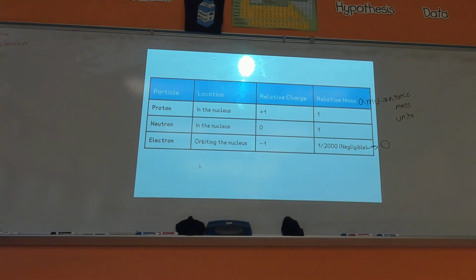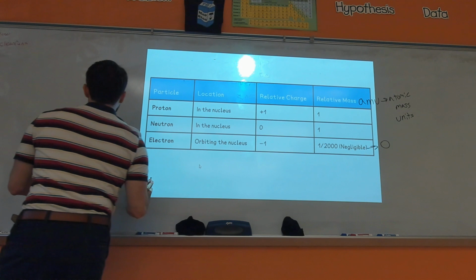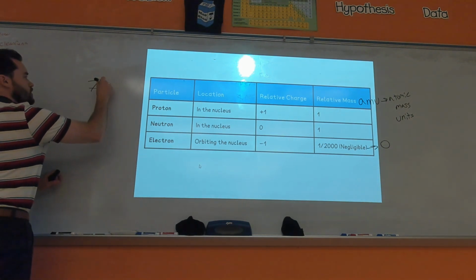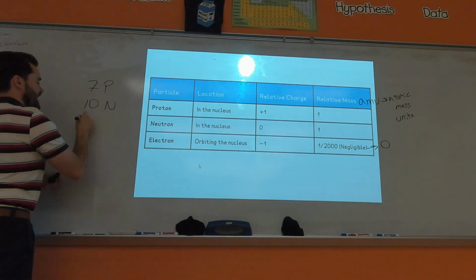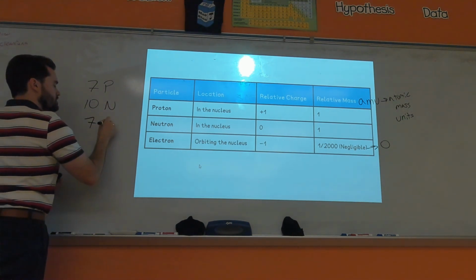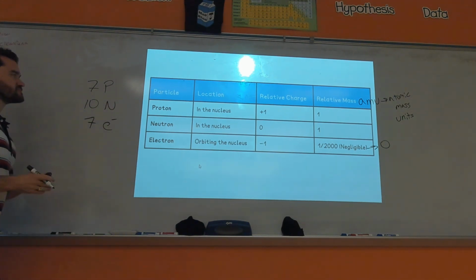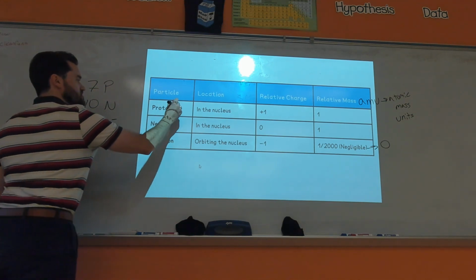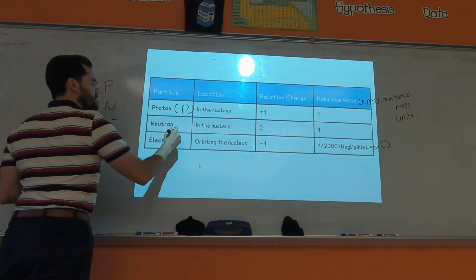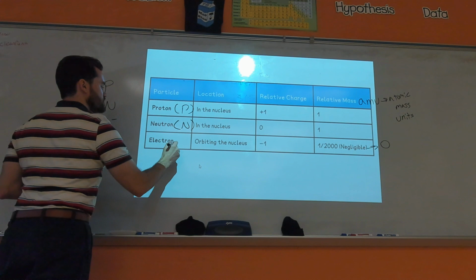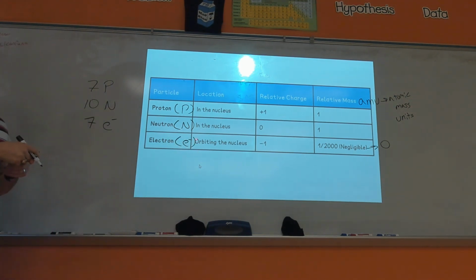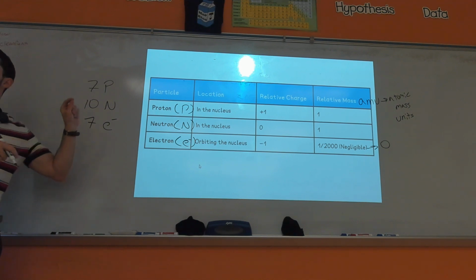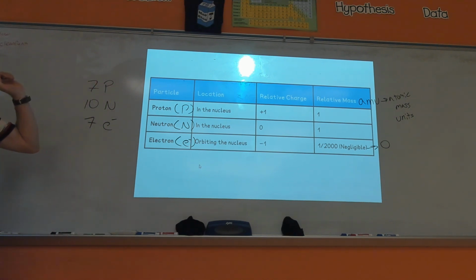Let's say I have an atom, and that atom has 7 protons, 10 neutrons, and 7 electrons. And this is kind of like the symbols you'll see with a lot of that here. You'll see P for proton, N for neutron, and then for electron you'll see an E, and because electrons are negative, you'll see a little negative sign in the exponent.